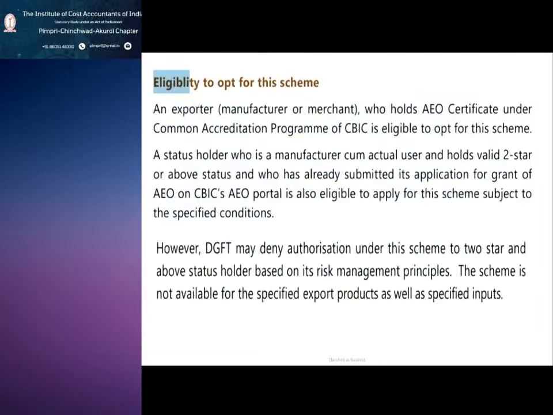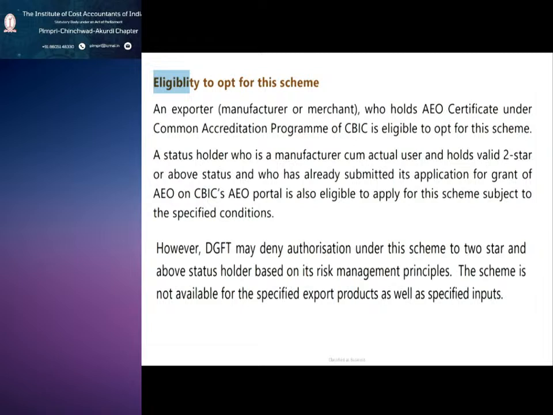Whoever holds the AEO certificate, and he should be a manufacturer cum actual user. Additionally, he should hold a valid 2-star or above status. Only then he will be eligible, but subject to the specified conditions.